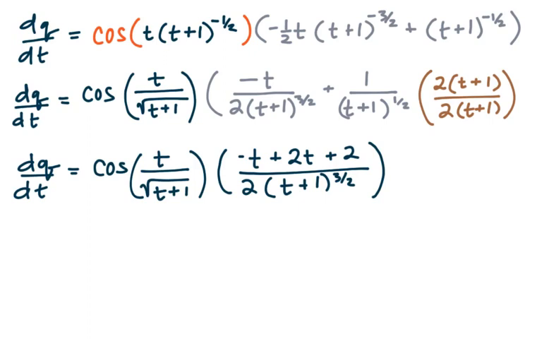Obviously here we can see that negative t and plus 2t is just going to give me a positive 1t, so I can combine those. And I just have t plus 2. Erase that to make it look nicer. And if I wanted to take this 3/2 power and make it look like a radical, that would be the same as writing the square root of the quantity t plus 1 cubed. And that's my final answer.